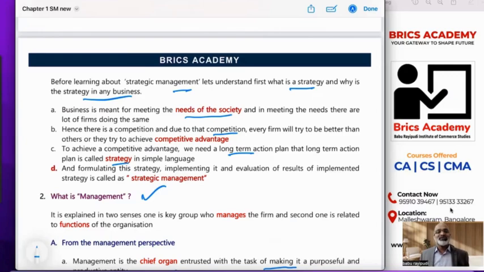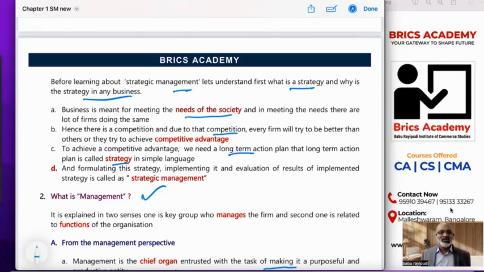When there is a competition, you need to try to be better than others. When you try to perform business activities better than others, we call it competitive advantage. If you want to achieve competitive advantage, you must have a long-term action plan. This long-term action plan is called strategy.